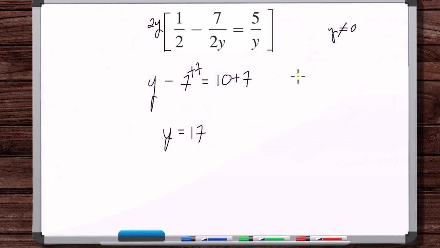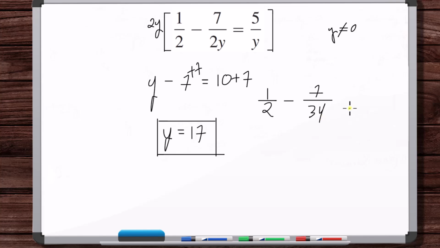But here we can see that this is not the restricted value. It's not 0, and even if we didn't note this, we can look at the equation and see that the restriction is that you can't divide by 0. This is not 0, so that's going to be the answer. This is going to check out. But we can go ahead and verify and actually plug it in as well. So 1/2 minus 2 times 17 is 34.